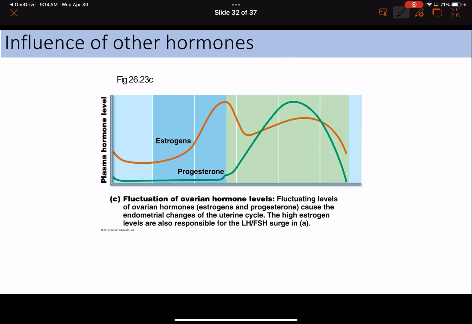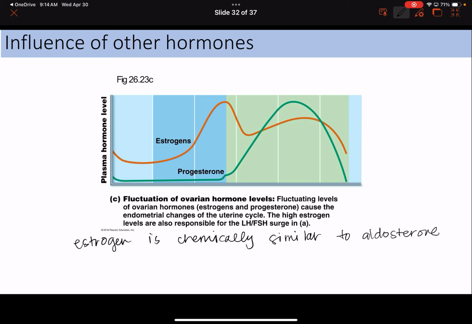All right, influence of other hormones. I think this might be in your lecture notes, so I don't have to write it all out. No, I'll just write it. Estrogen is chemically similar to aldosterone.